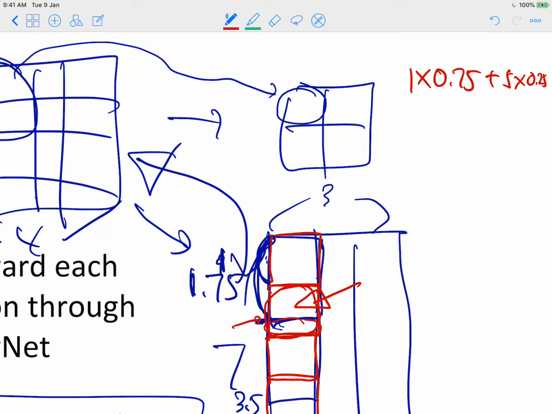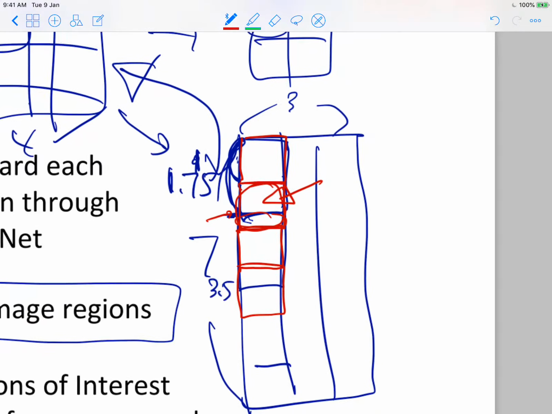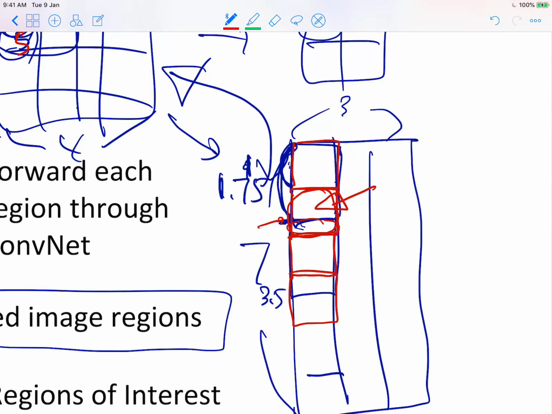But why do we need bilinear interpolation? Because we basically have a two-dimensional array, right? One single pixel is not just divided by these two pixels, but is actually divided by 4 different regions.